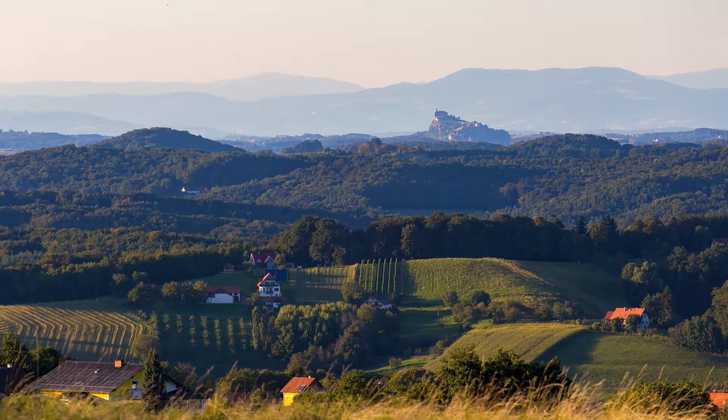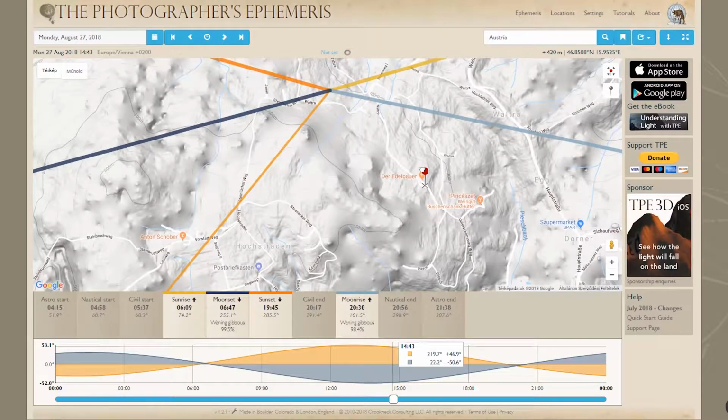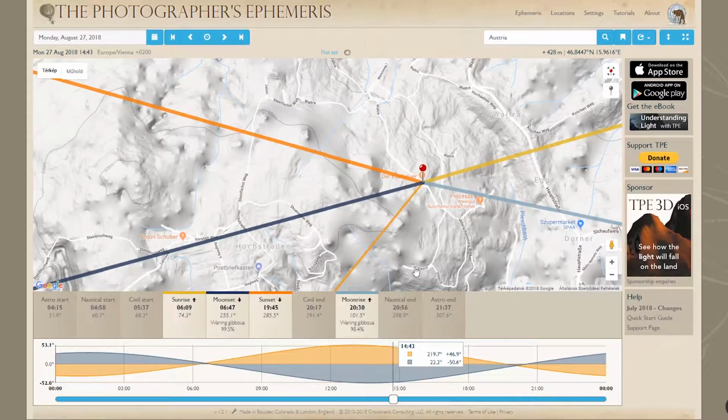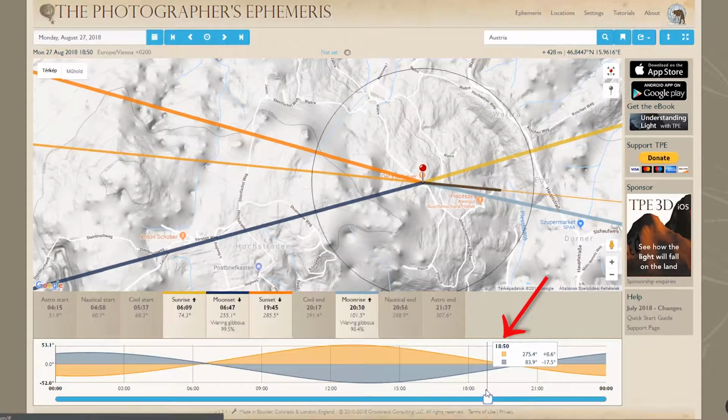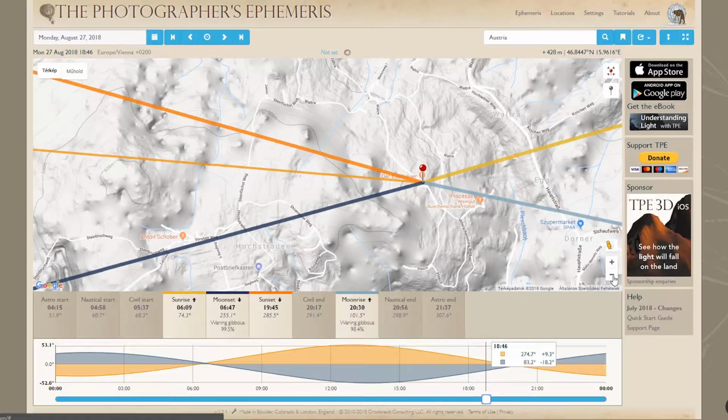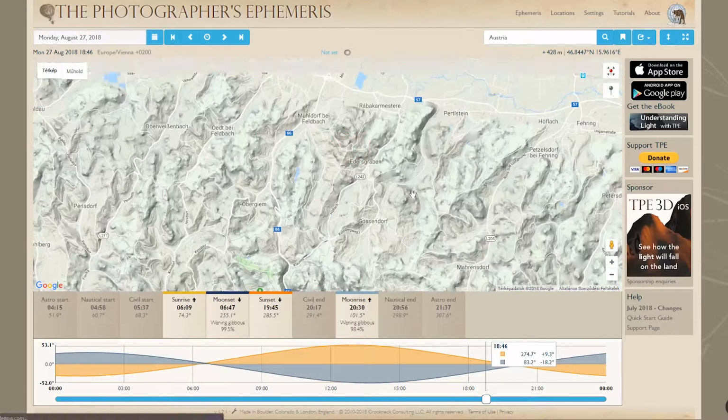So this photo, I was shooting the castle of Regensburg in Austria, and I was standing here at the Der Edelbauer restaurant, and I took the shot around 6:48, and this was my subject.